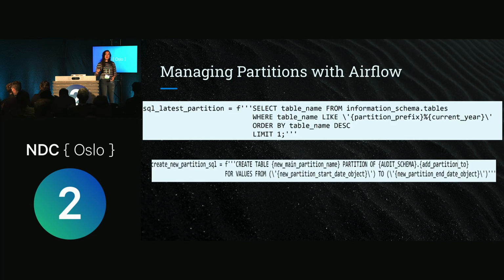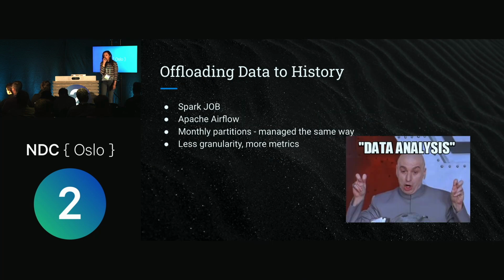We did it by using standardized partition names. We had the date that the week begins with in the partition name. And so we used these 2 very simple queries and played with some dates just in order to keep creating these weekly partitions. And of course, offloading data to history.